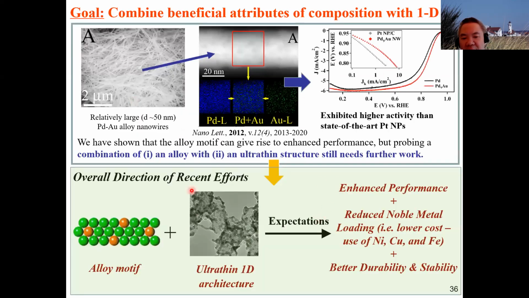The combination of all of these means that if we couple control over chemical composition with a 1D architecture, we can lower the noble metal loading, in other words, lower cost, with nickel, copper, and iron, and then we get better durability and stability in terms of the overall architecture that we're able to generate at the very end of the story. So in other words, what we're trying to do in my lab is to control materials chemistry so that we're tuning both chemical composition, structure, and architecture at the same time, and simultaneously, we are going to minimize the amount of platinum with things like nickel, copper, and iron.